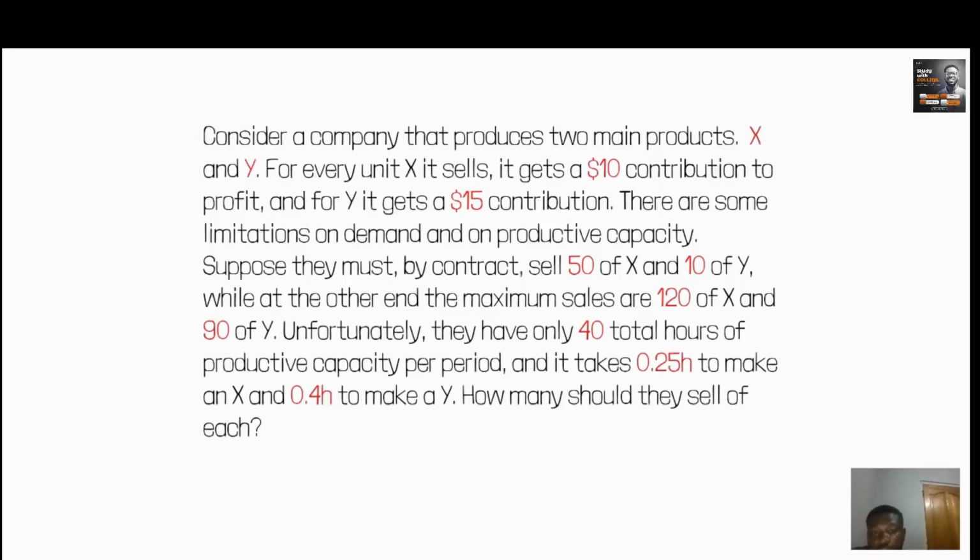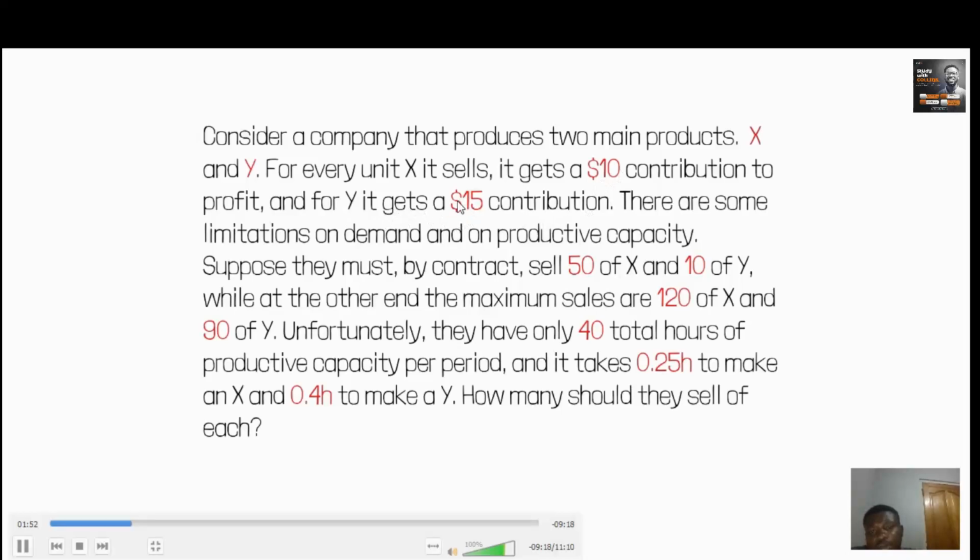So now with this question we can derive our objective function from here. For every unit of X it sells, it gets a $10 contribution, and Y it gets a $15 contribution.